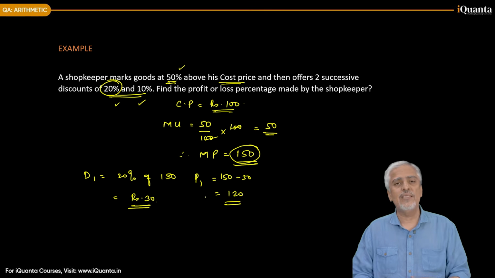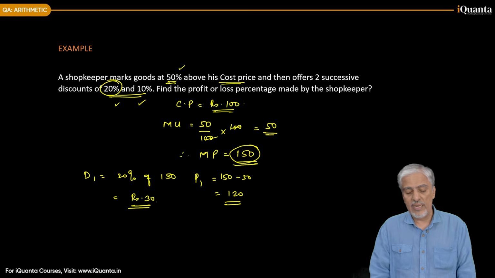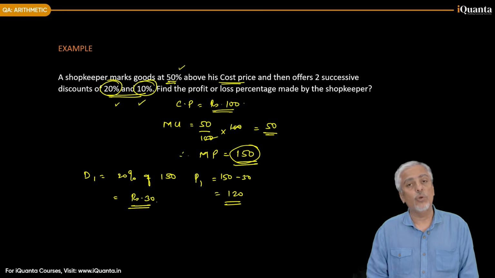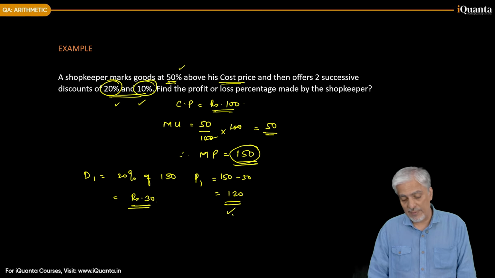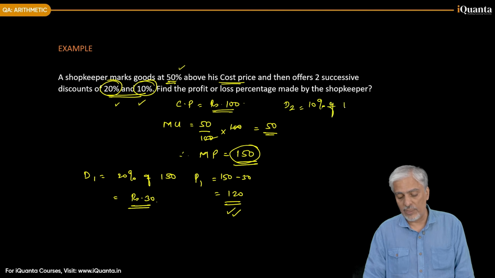Then that person turns out to be your relative or your far off neighbor or your cousin or whatever. And hence you offer 10% discount more. That 10% becomes on this value. So second discount will be 10% of 120, which will be 12 rupees.